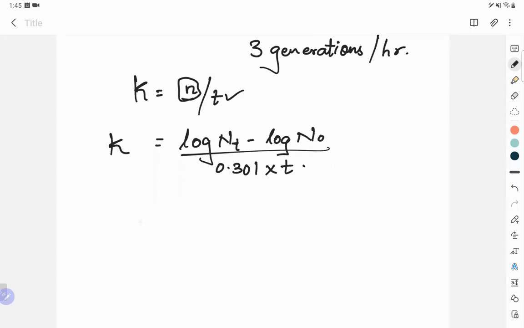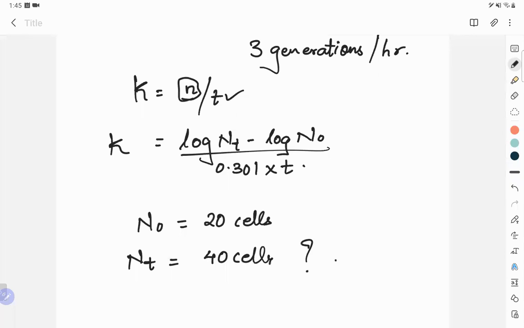So which means that if my N0 is say 20 cells, I am concerned to find out Nt, that is 40 cells, when will this happen? Correct? Which means I am trying to find out when Nt is equal to 2N0, because 2 times 20 is 40 cells, isn't it? So I am trying to find this out.